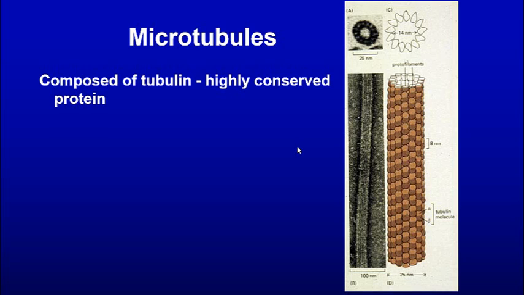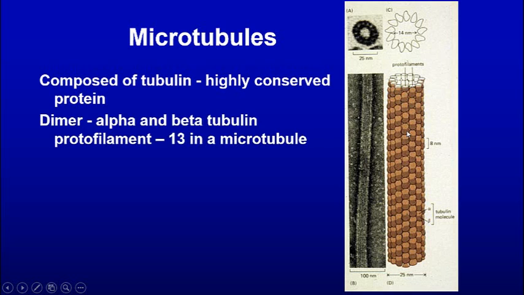Microtubules is one of the ones that we want to look at. It's a big one. It's composed of tubulin, which is highly conserved over the millennia. And here we see a tubulin molecule, which has an alpha and beta component to it. And these are lined up and make these protofilaments, and then a certain number of protofilaments go together to make a microtubule, which has an opening in the inner center.